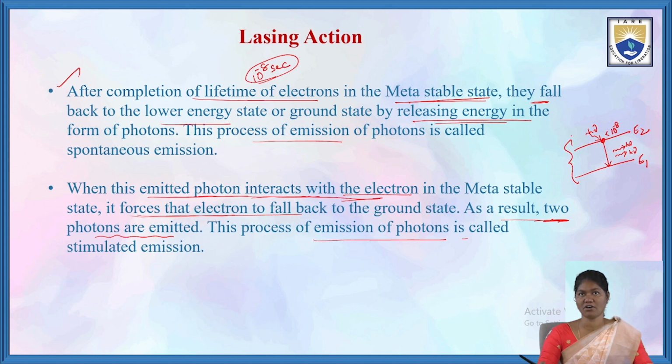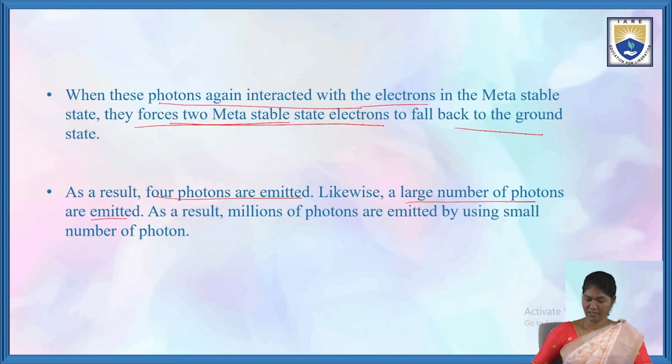This emitted photon interacts with the electron in the metastable state, so that the electron falls back to the ground state. While falling back, it emits two photons. These two photons interact with the electrons in the metastable state again, and while they fall back to the ground state, they emit four photons.